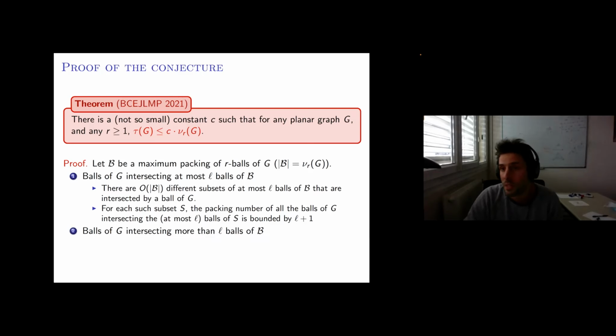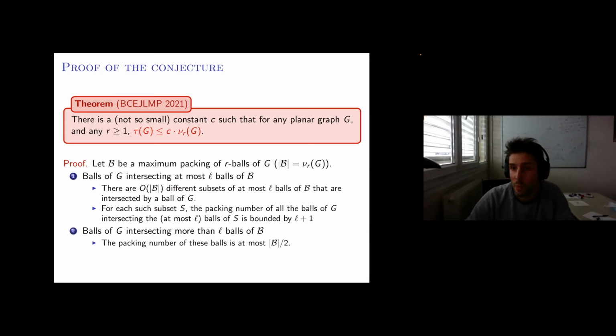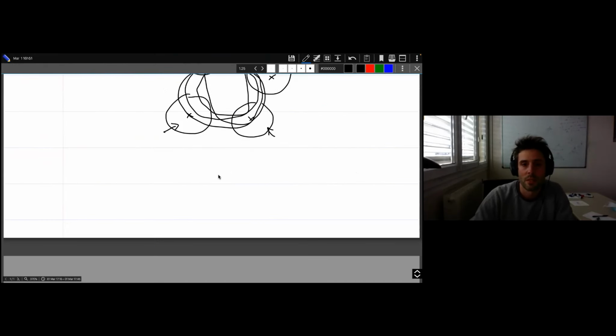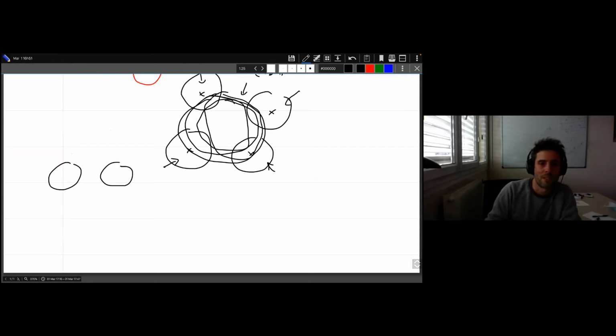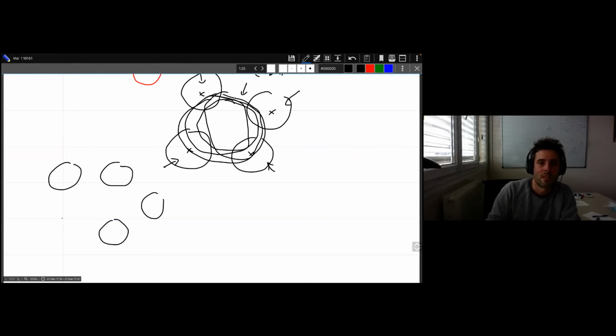All right, now we only need to consider balls that intersect many balls of the packing, more than L. And again, here you can argue that the packing number of this is small, and this is for a slightly different reason. Okay, I'm already at the end of my board. So we have our packing, and now we look at the remaining balls and assume that you have a very large packing of balls that intersect many balls.